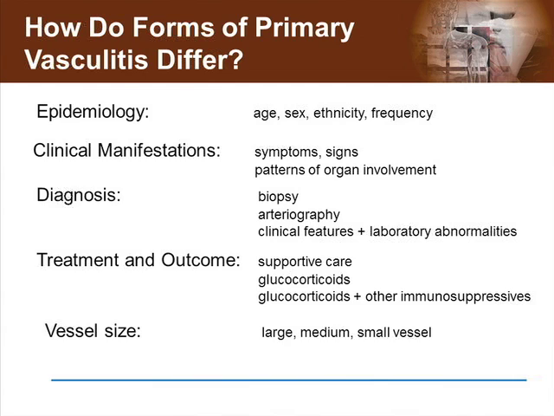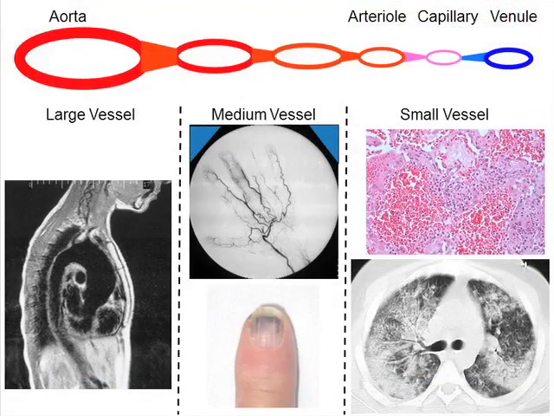And finally, forms of vasculitis can often be grouped in terms of the predominant size of vessel that's affected. So if we look at the vascular tree ranging from the aorta all the way through the capillaries and through the veins, different forms of vasculitis may have a predominant vascular bed that's affected.